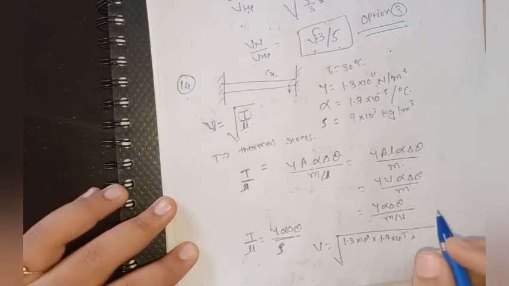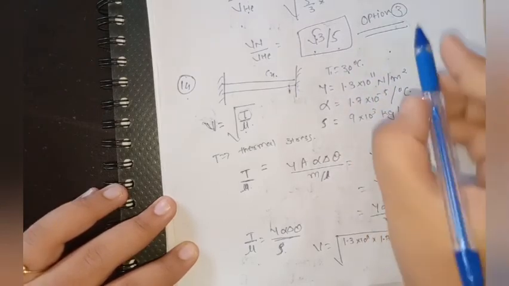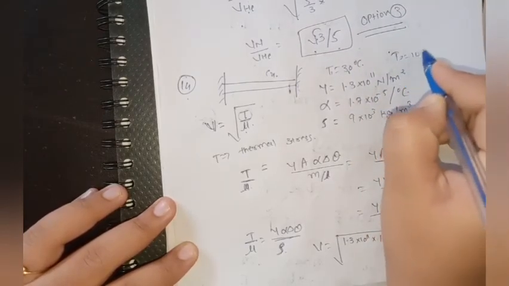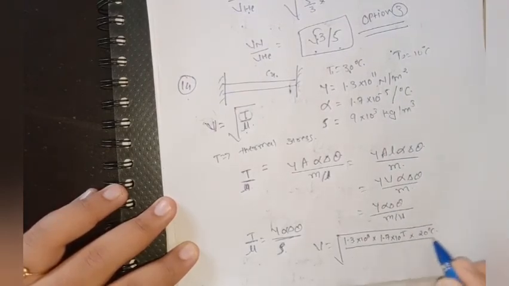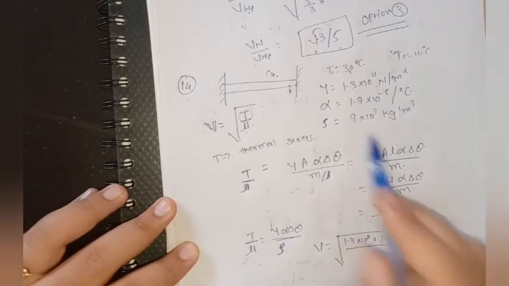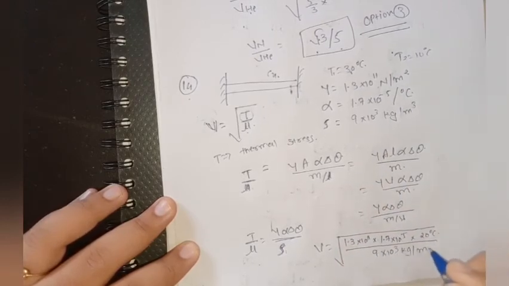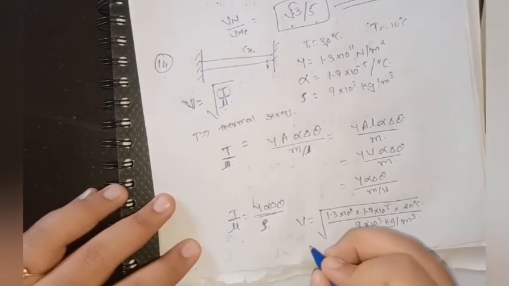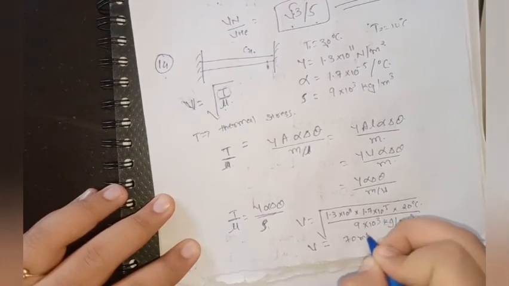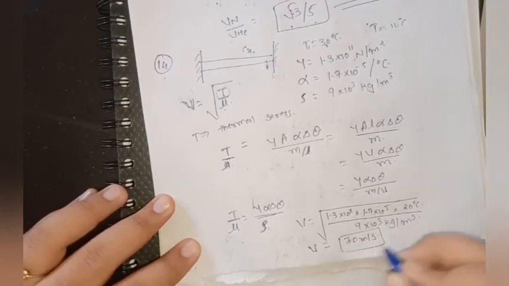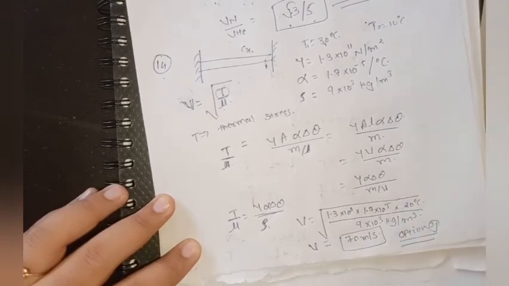Delta theta, initially the temperature was 30 degrees Celsius and we want to find the speed at 10 degrees Celsius, so delta theta will be 20 degrees Celsius, divided by density, that is given as 9 into 10 power 3 kg per meter cube. If we simplify this, we'll get velocity is equal to 70 meter per second. So option 2 is the correct option.